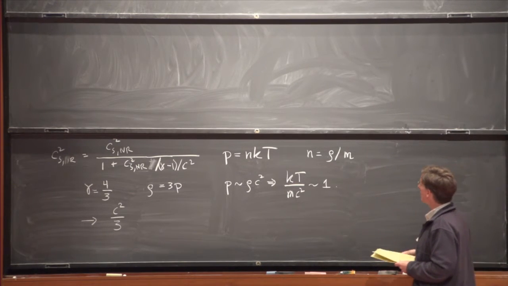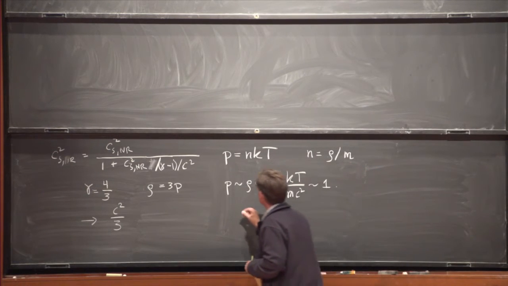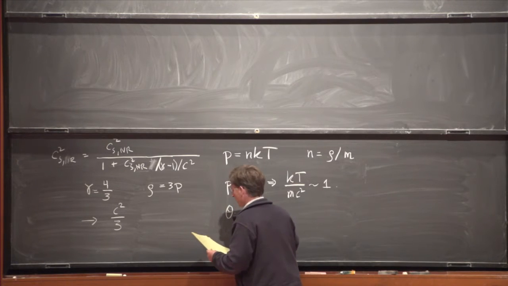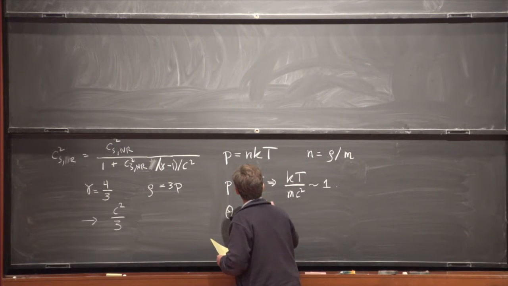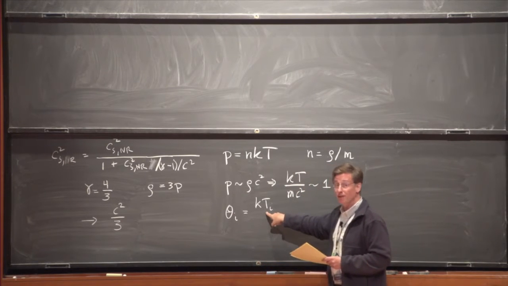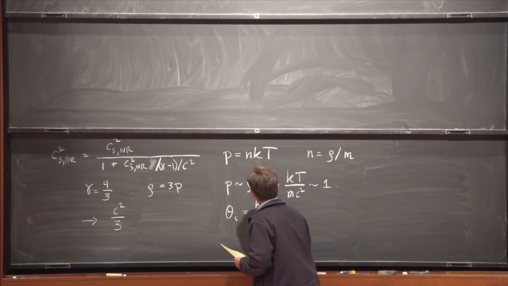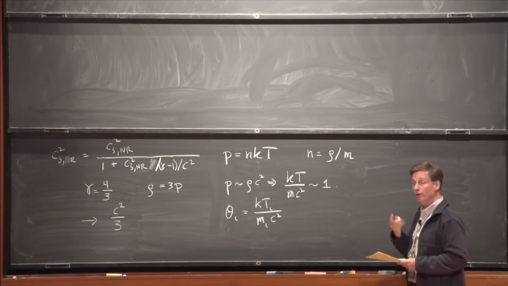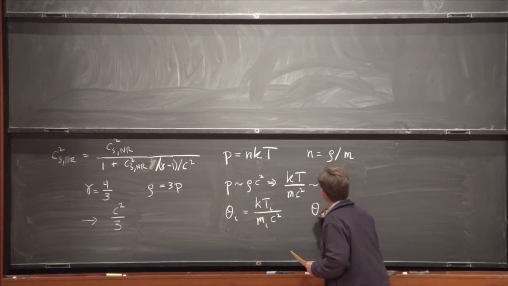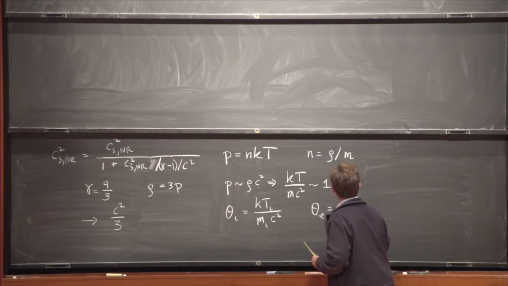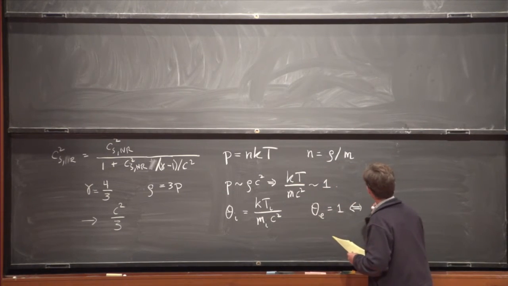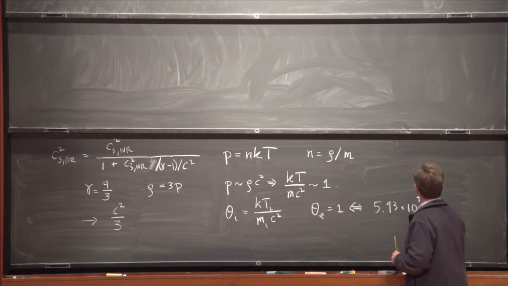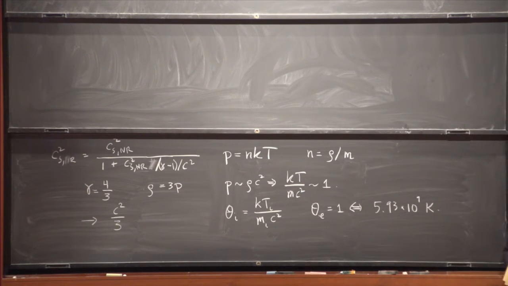Okay, so it's common to define in this business certain dimensionless temperatures. So people write theta for some component i as k T for that component divided by m_i c squared. And for electrons, theta_e equal to 1 corresponds to 5.93 times 10 to the 9 Kelvin.